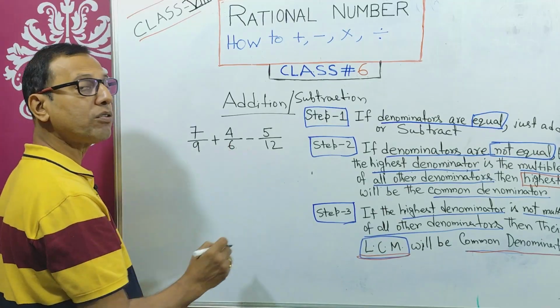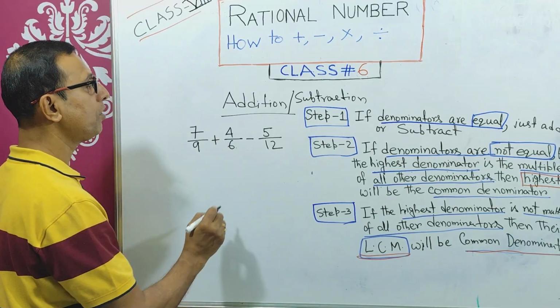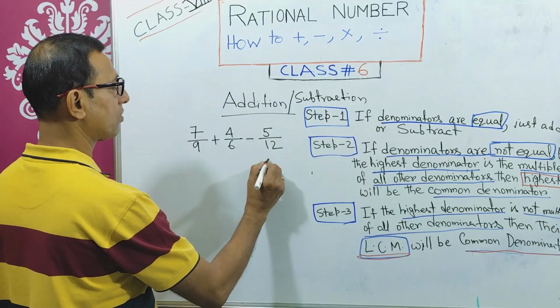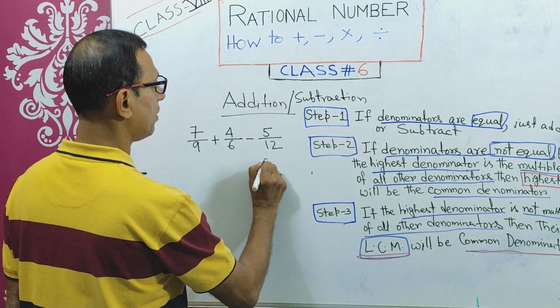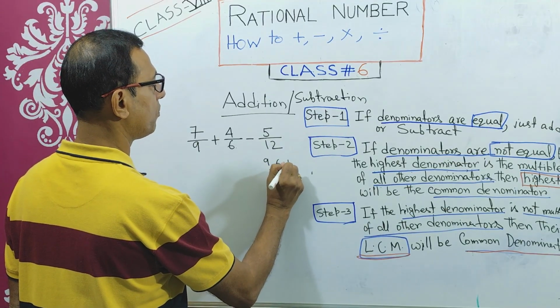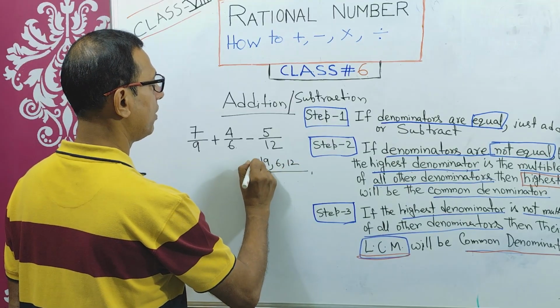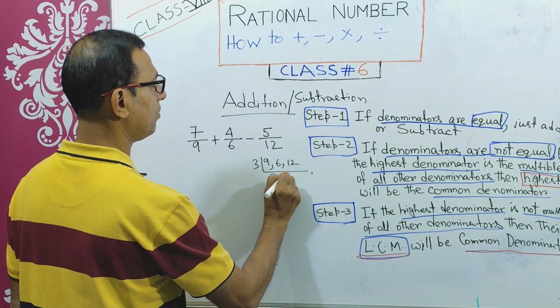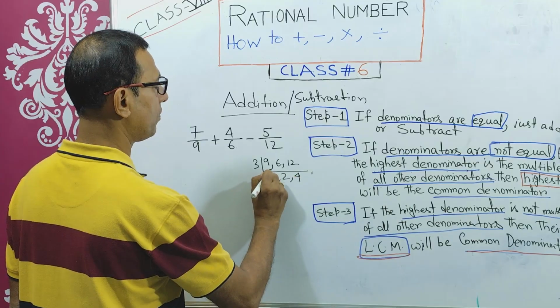So to find the common denominator, what do you need to do? You need to find the LCM. So what is the LCM? Of 9, 6 and 12, you find the LCM. 3 3s are 9, 3 2s are 6, 3 4s are 12.